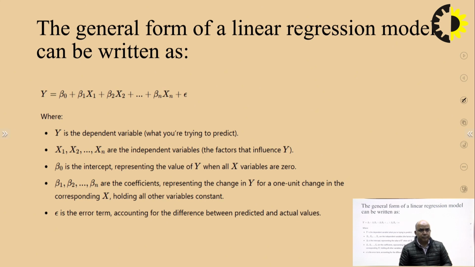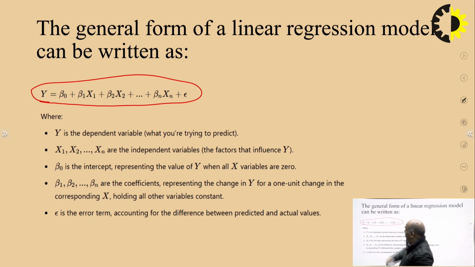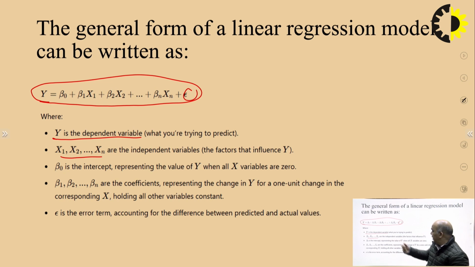This is the linear regression model formula: y = beta naught + beta 1 x1 + beta 2 x2 and so on, till we have the error term. Here y is the dependent variable, and x1 and x2 are the independent variables, or factors that can influence the outcome y.